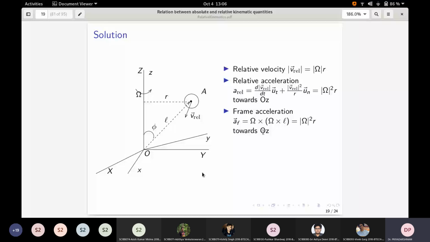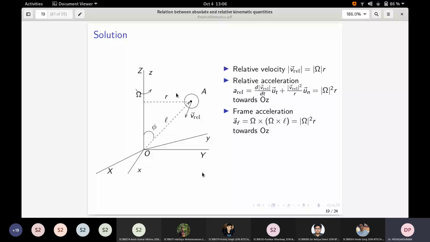So how omega square comes: L is broken down into one along the z-axis and one along the r-axis, and the cross product term with the z-axis component will vanish. So only omega square and r remain, where r is the distance from the OZ axis, not the position vector.